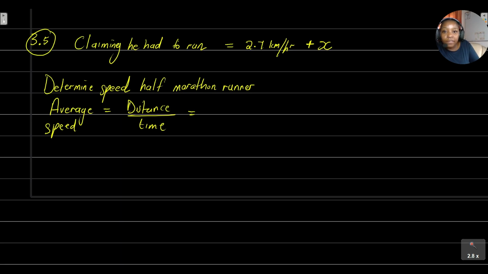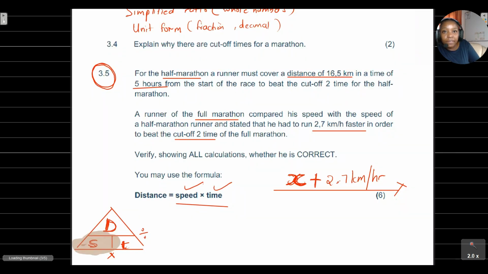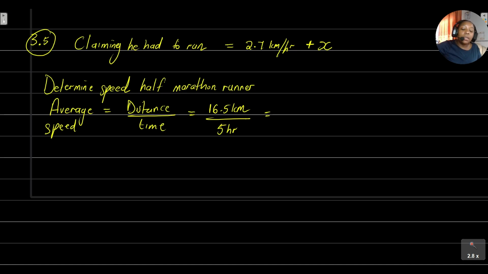It is 16.5 kilometers. What is the time? They mentioned that it's 5 hours. So 16.5 divided by 5 is equal to 3.3 kilometers per hour. This is the average speed that the half marathon runner is running.